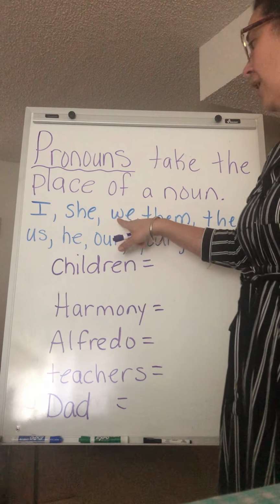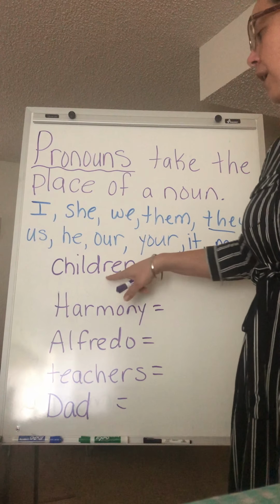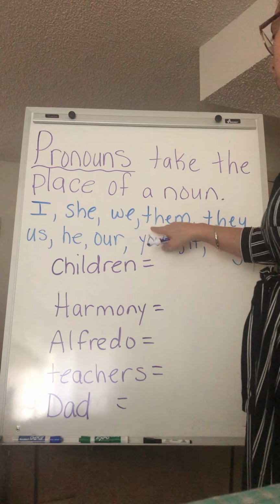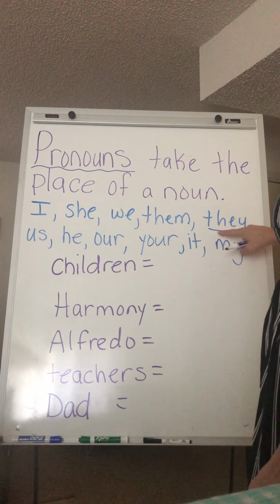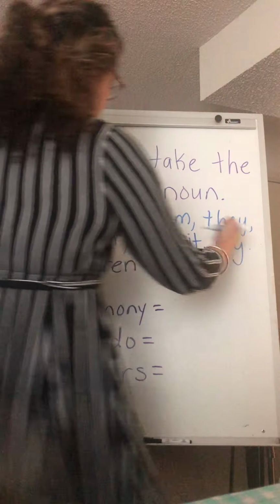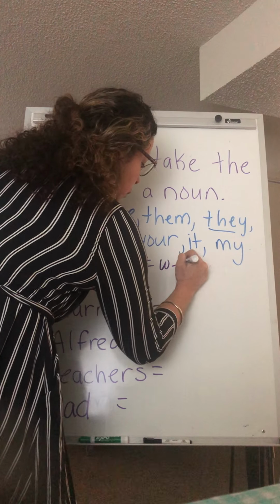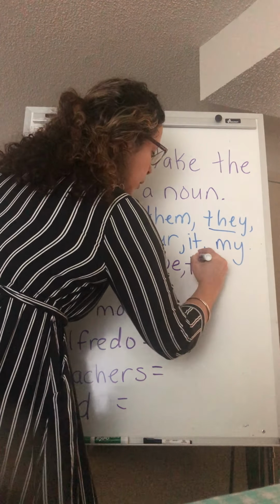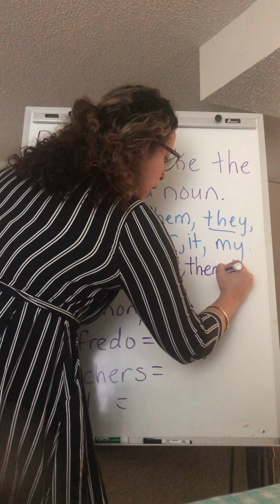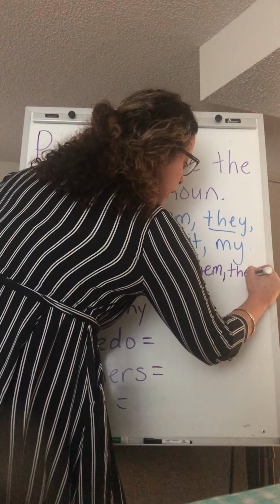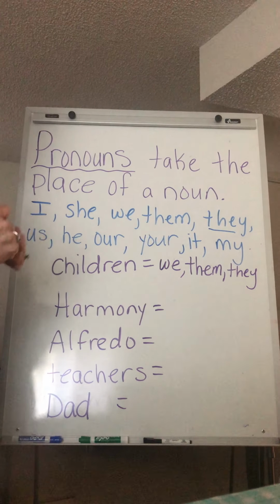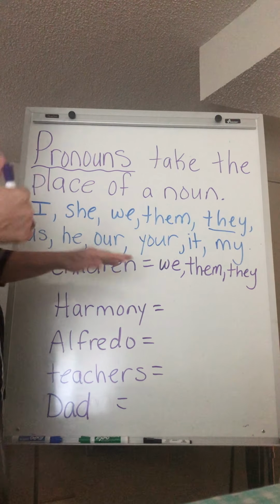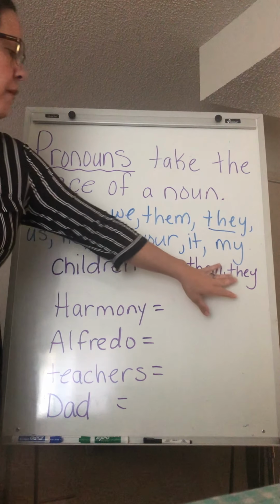Now for children, I could use the word we if you were talking about yourself in a sentence. And I could also use the word them or they. All those are acceptable. So I could have used the word we if it is you talking about the children. I could use the word them. And I can also use the word they. So if I was using the word children in the sentence, I could replace it with the word we, them, or they.